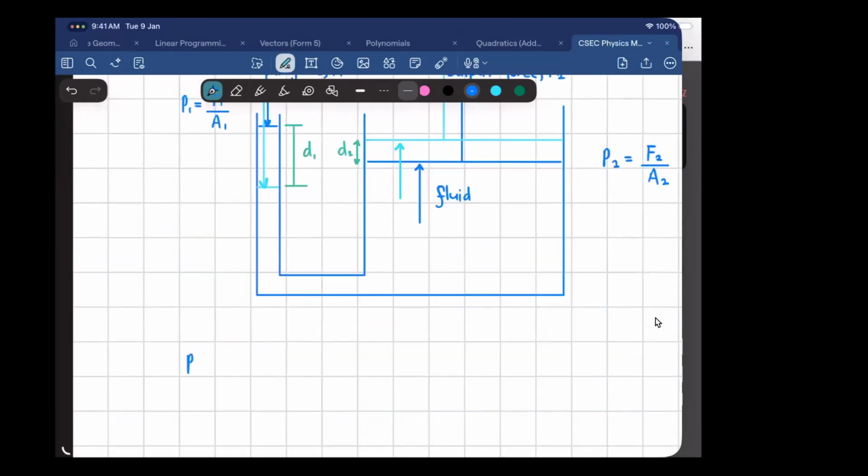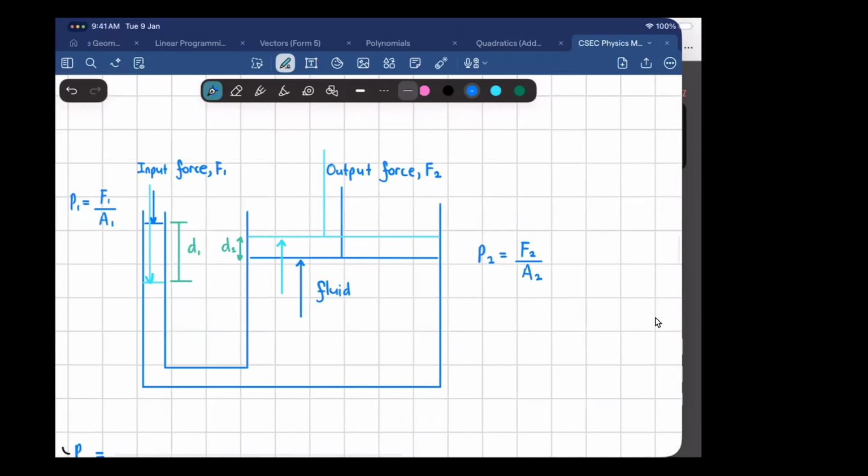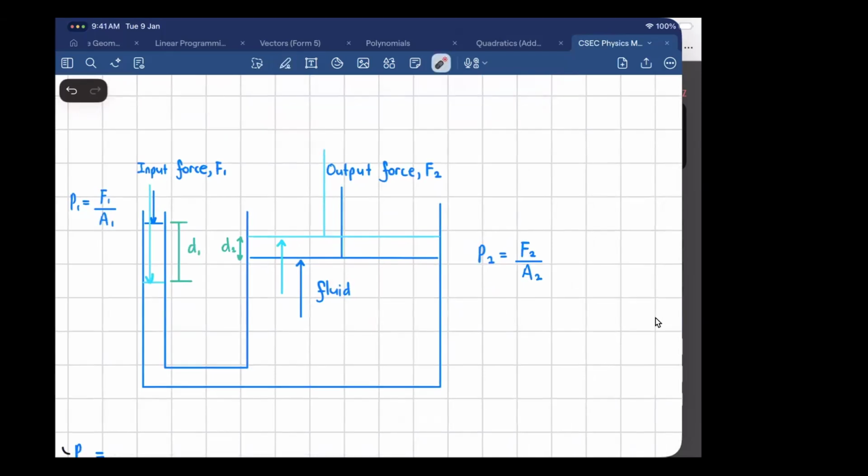Sure. So we know that P1 needs to be equal to F1 over A1. Wait, Shayna, we are dealing with an incompressible fluid. Think about it. Can you compress air?